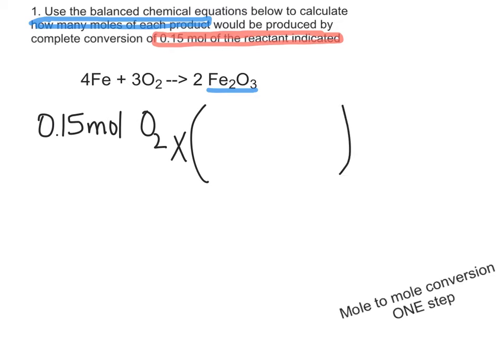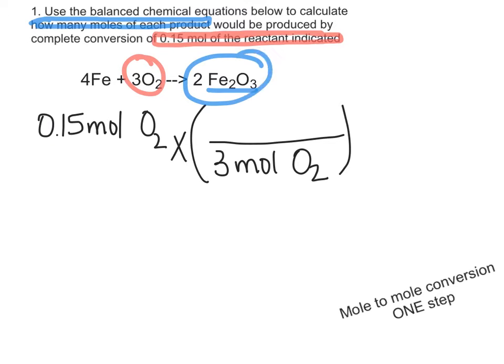So to start our conversion, we write down what is given, and we want to cancel moles of oxygen. So in order to do that, I have to look to my balanced reaction and see that I have 3 moles of oxygen gas. So I'm going to put that on the bottom because I want to cancel moles of oxygen gas. I want to know how many moles of the product is made, so I have to look to my mole ratio, or to my balanced equation to finish my mole ratio.